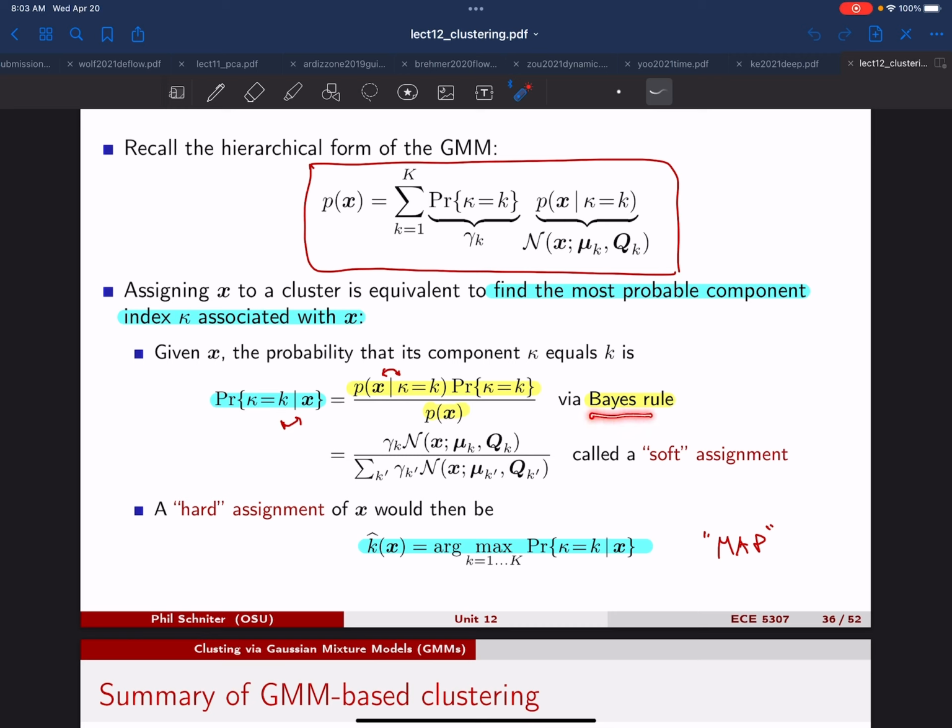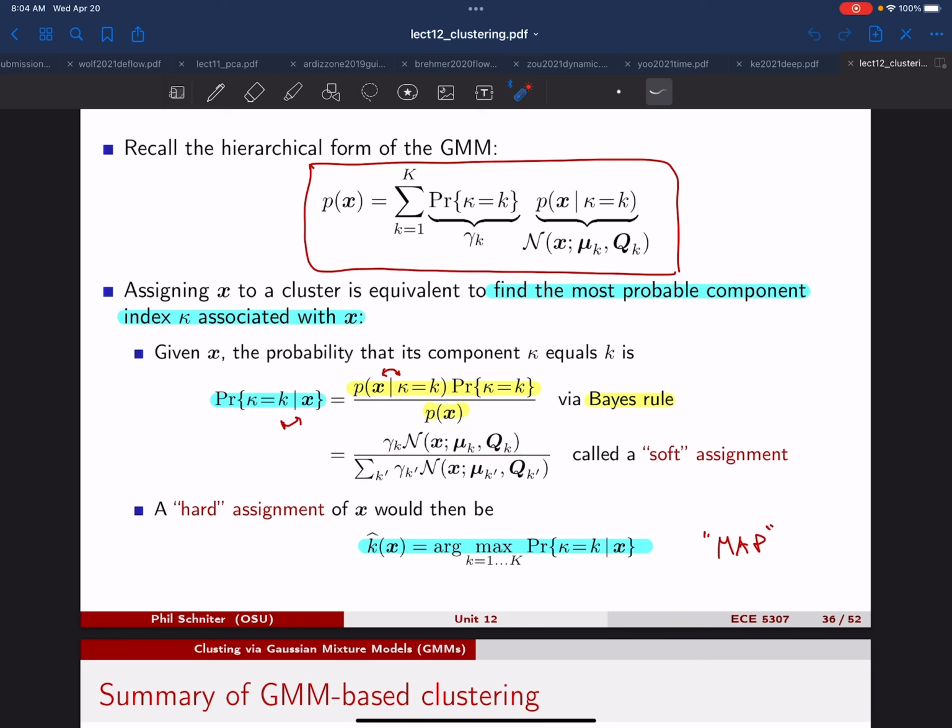And we used Bayes' rule to reorder the conditioning here into something we're familiar with, times another thing that we're familiar with, and finally divided by a normalization constant, which is really this whole thing. So that gives us a way of writing this probability that X belongs to cluster little k in terms of all the things we know: the weights, means, covariances.